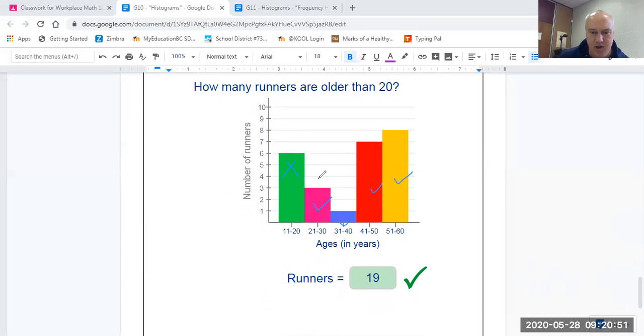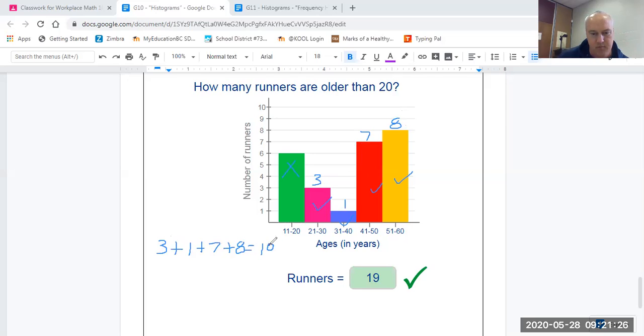This one shows that there are 3 runners in this age category, there is 1 runner in this age category, there are 7 in this age category, and there are 8 in this age category. I'm looking across to see how many each is represented by. Now if I take those 4 values, 3 plus 1 plus 7 plus 8, when I add all those up, that is going to come to a value of 19.